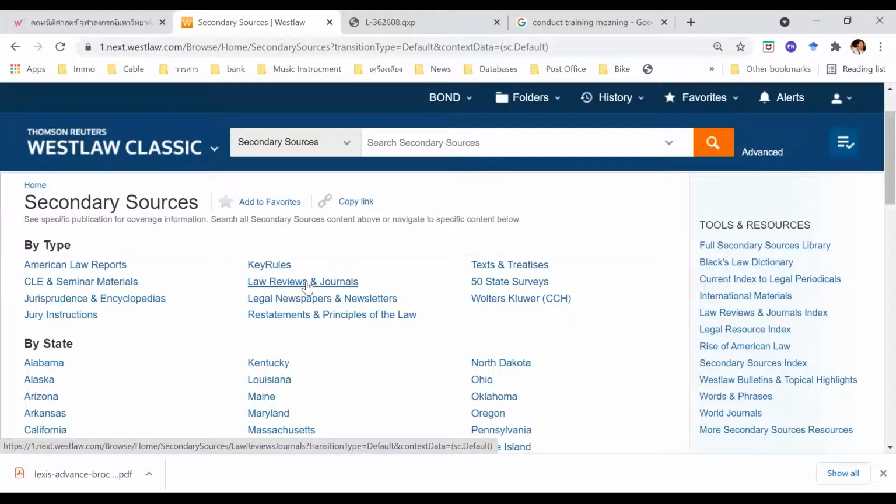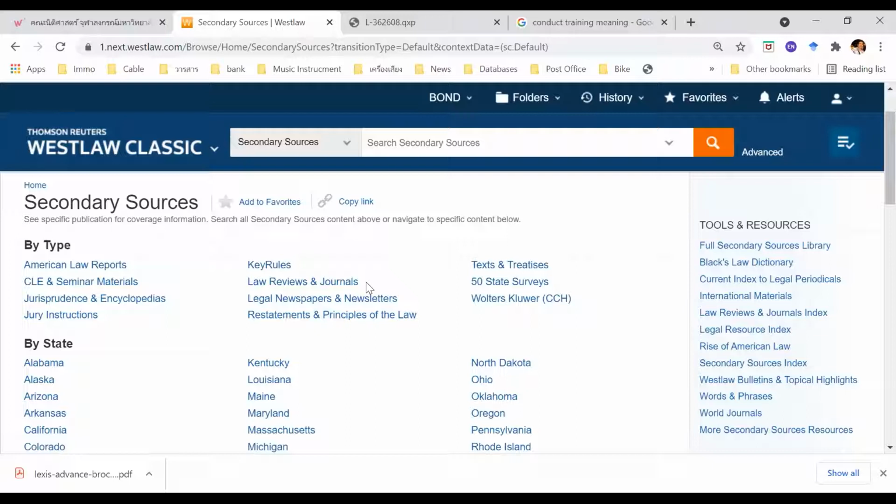I need something that includes the US and other countries. So Westlaw provides another one: World Journals. Law Reviews and Journals is a subset of World Journals.